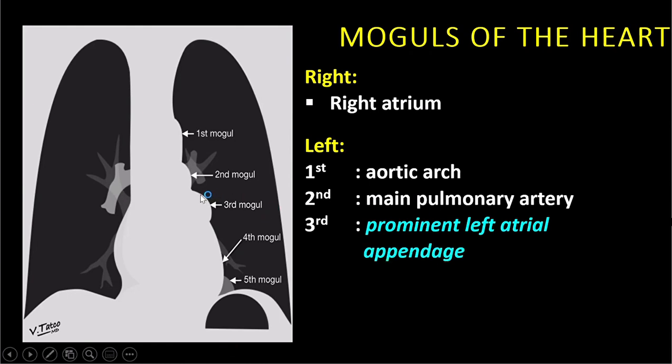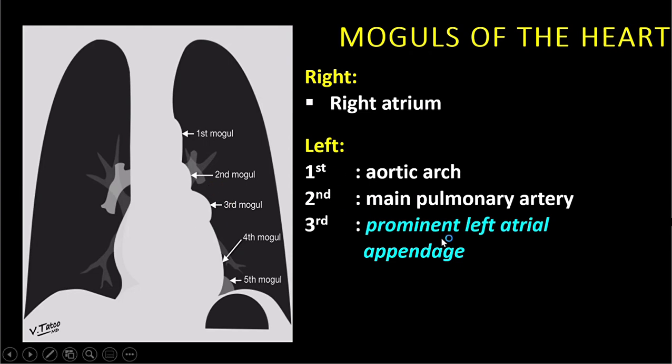As you know, not only do you have 4 chambers of the heart, right atrium, left atrium, right ventricle, left ventricle, you also have appendages. And for the left atrium, when the appendage is enlarged, this is quite common in cases of mitral rheumatic heart disease, wherein you have some mitral problems.